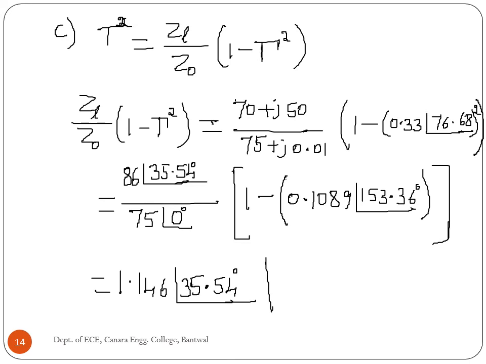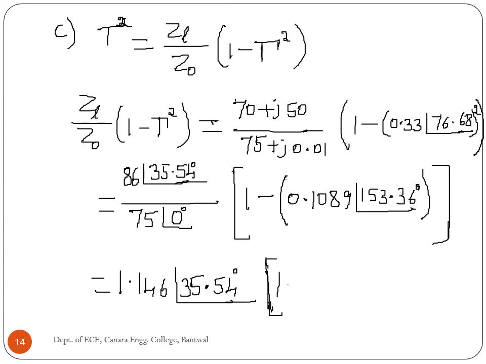Now 1 minus 0.1089 angle 153.36 degree. First, the 0.1089 angle 153.36 degree is converted to the rectangular form.